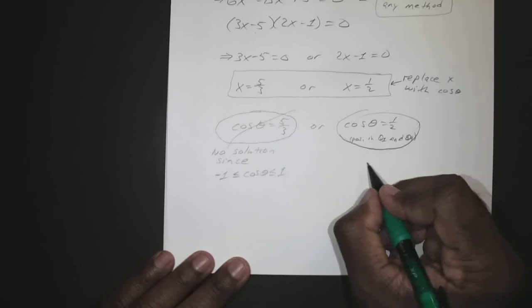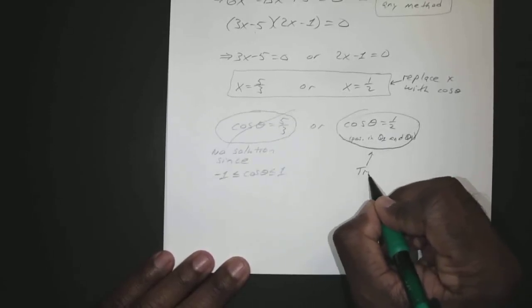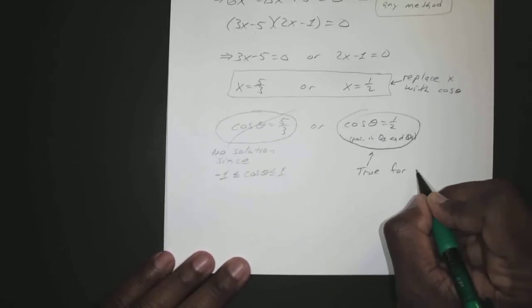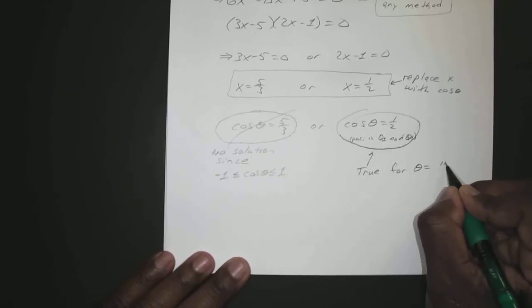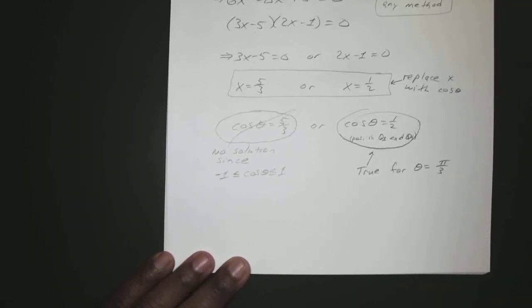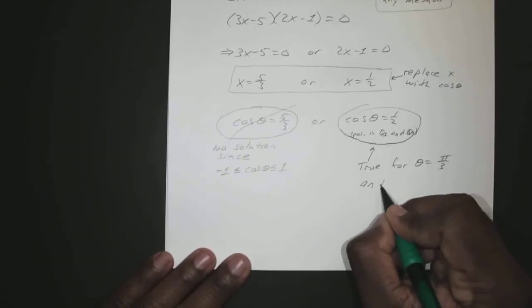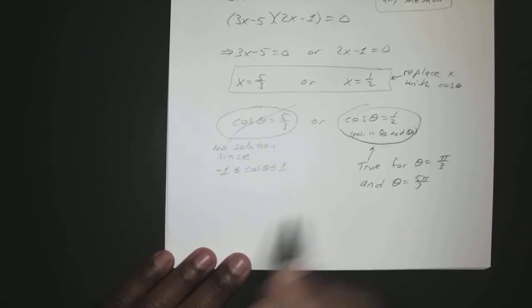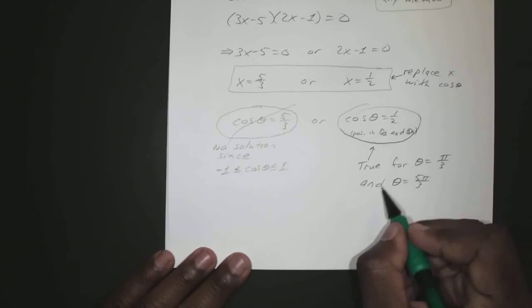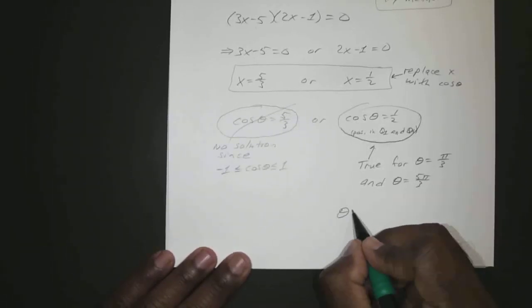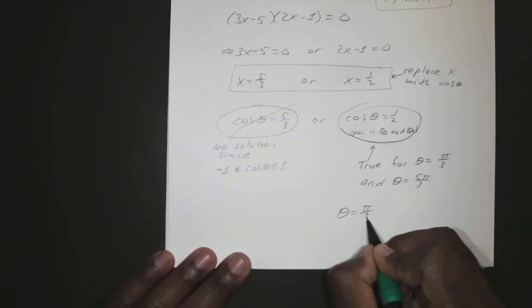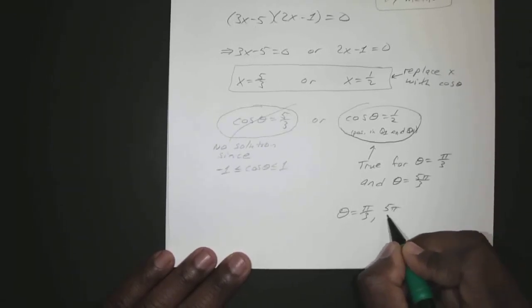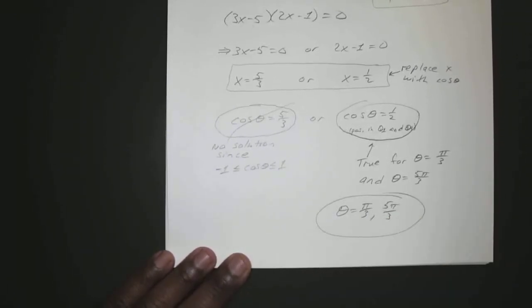Okay, so that means this will be true for theta equals pi over 3. That's your quadrant 1. And theta equals 5 pi over 3. That's your quadrant 4. So those are your only two solutions.